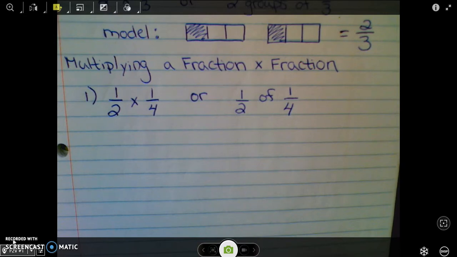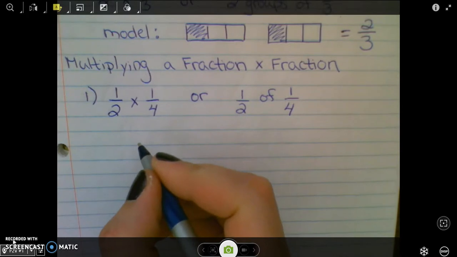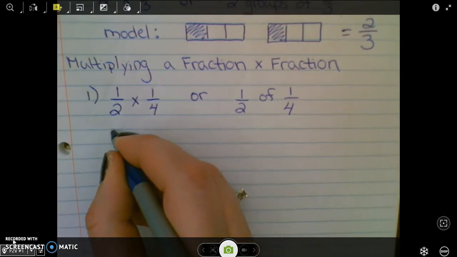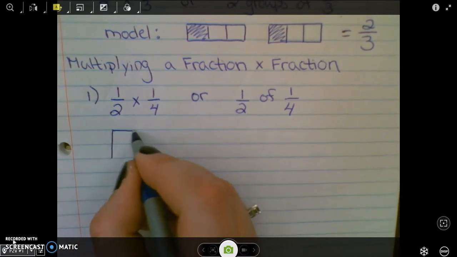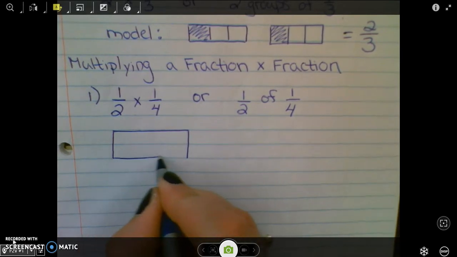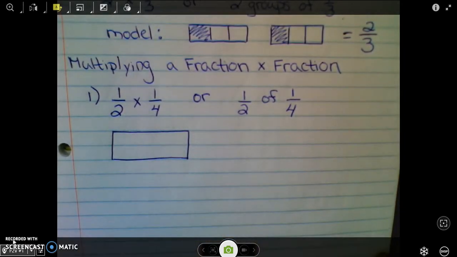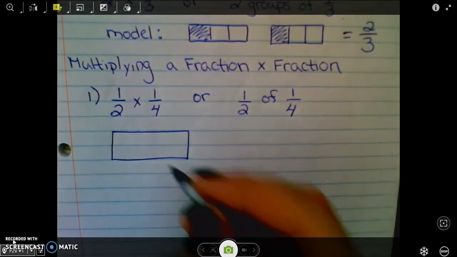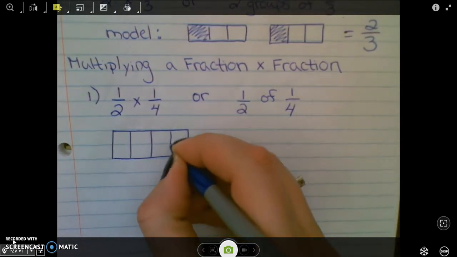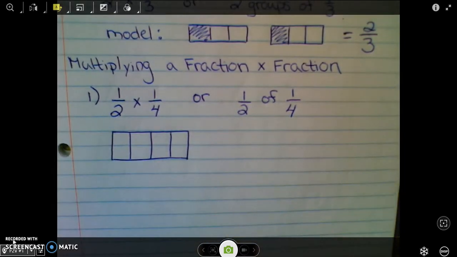So what we would do is we would draw a rectangle that gets divided into fourths. Now to make this easy to draw with our line paper, you can follow my model here. I'm going to take up 2 lines of paper because it will just make it easy for me to divide it up the way I want to in a second. All right, so if I'm taking half of a fourth, that would mean I'm going to divide this rectangle into fourths.